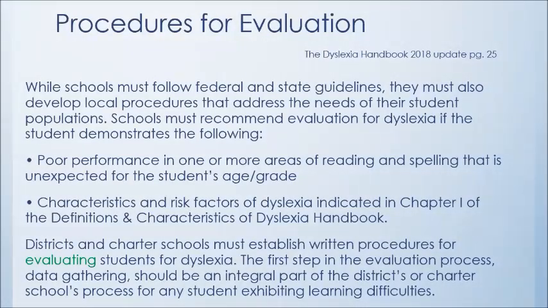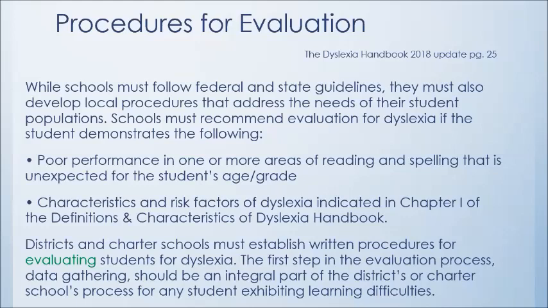Procedures for evaluation per the Dyslexia Handbook 2018. While schools must follow federal and state guidelines, they must also develop local procedures that address the needs of their student populations. Schools must recommend evaluations for dyslexia if the student demonstrates poor performance in one or more areas of reading and spelling that is unexpected for the student's age or grade, and if they have some of the characteristics or risk factors discussed previously in this webinar.